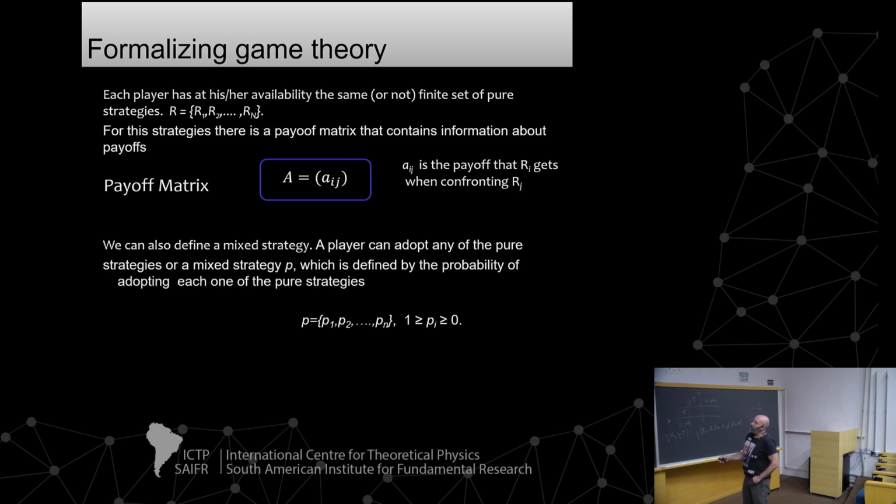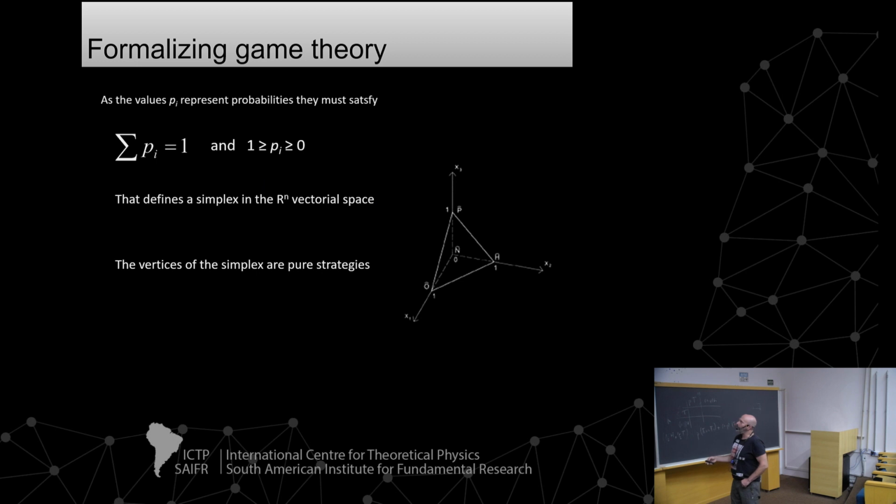They cannot be greater than 1, but I can ignore this condition by including the next one: the sum of all the values pi should be equal to 1, because this is a probability. So the addition of the probabilities should be equal to 1.